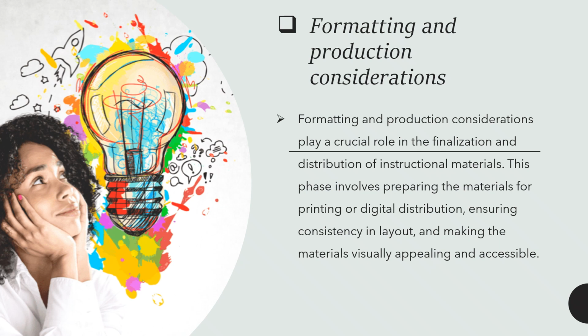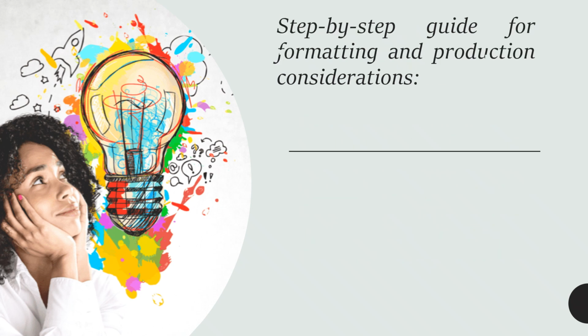Formatting and production considerations play a crucial role in the finalization and distribution of instructional materials. This phase involves preparing the materials for printing or digital distribution, ensuring consistency in layout, and making the materials visually appealing and accessible. Here's the step-by-step guide for formatting and production considerations.